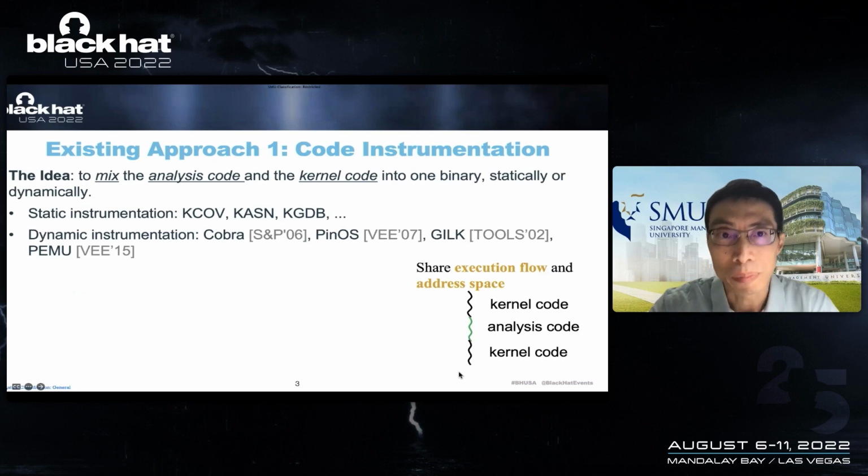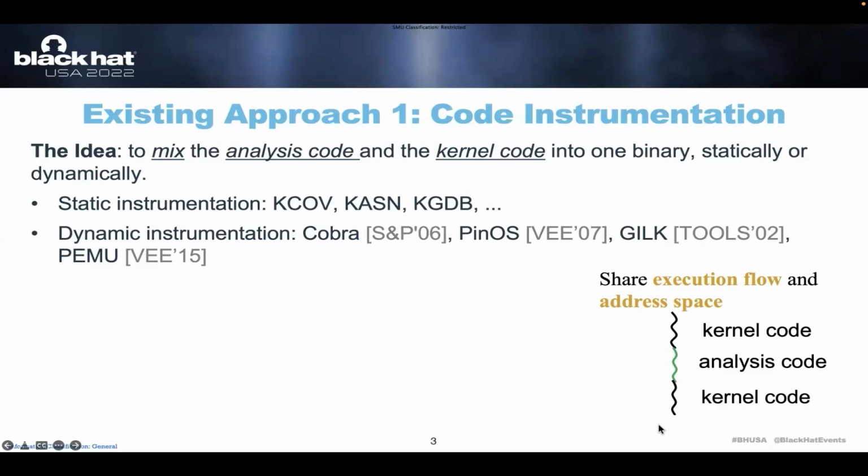All right, so just a quick review. If you want to do kernel dynamic analysis, basically there are two approaches. The most common one is code instrumentation. You want to get some job done with your kernel, you add your code to the kernel. And you may need to compile it if you do it statically.